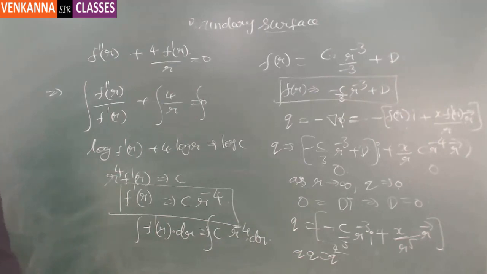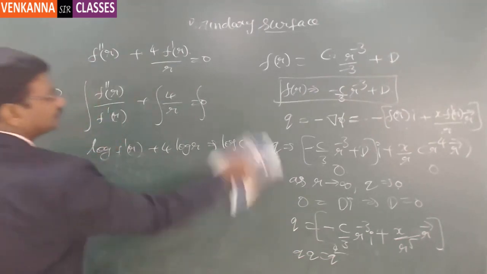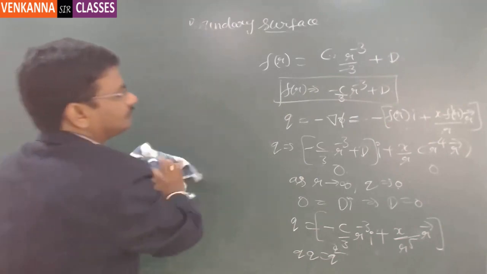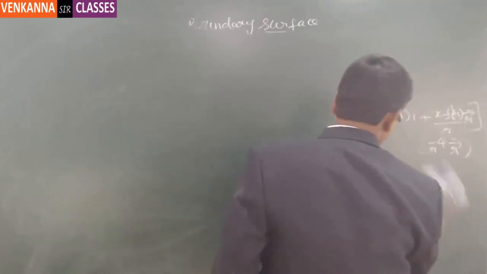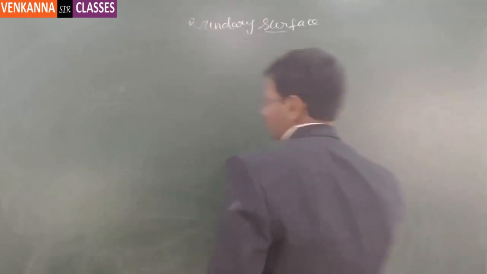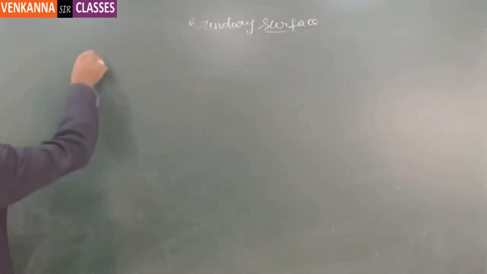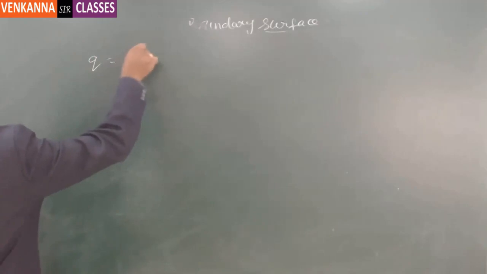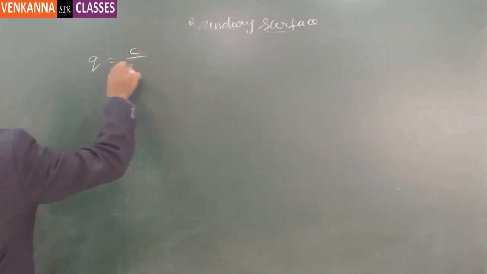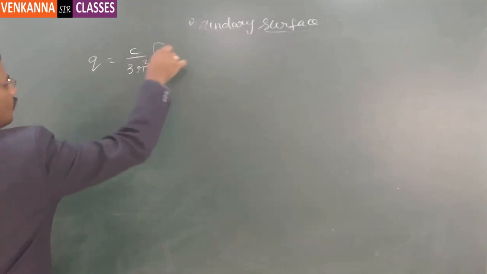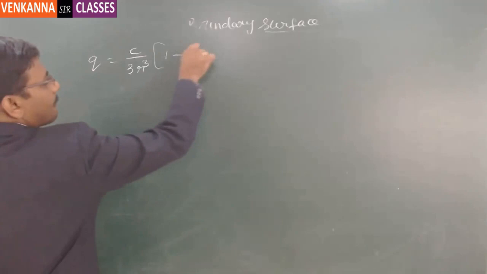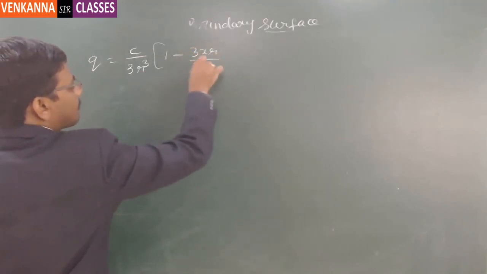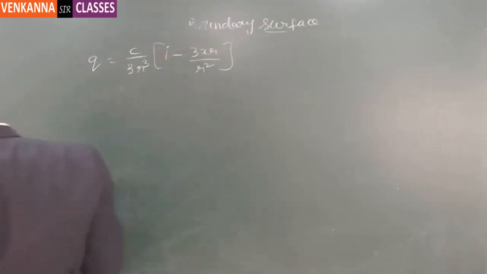Then the simplified form of this q value is q is equal to c by 3r cube into 1 minus 3xr bar by r square, and this is i.